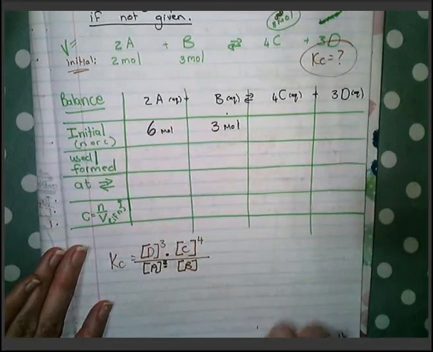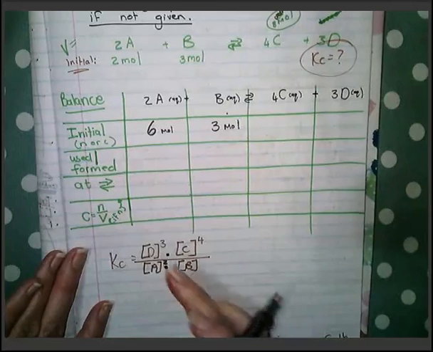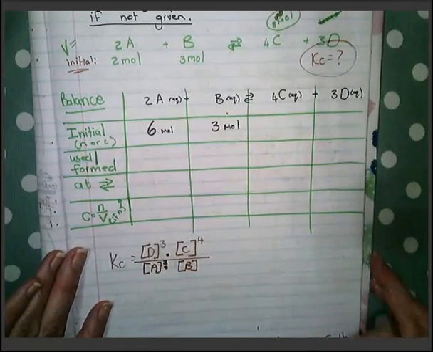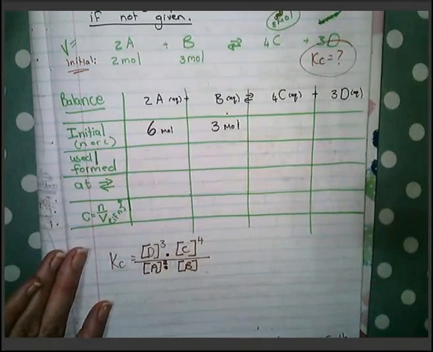That's what we need. But we don't have any of that, because we don't have even one concentration at equilibrium.